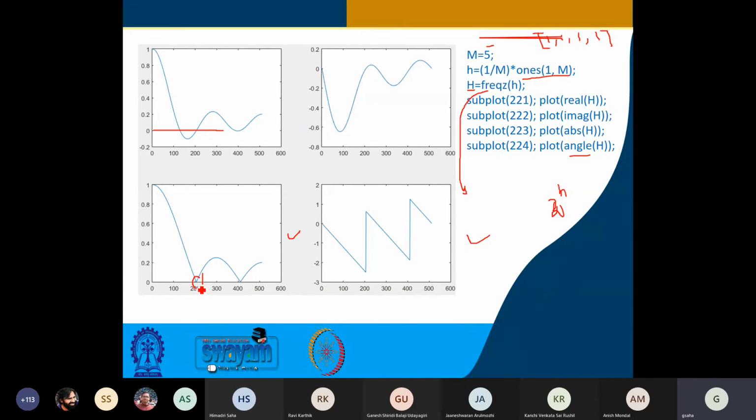So what you see over here, if your 512 is your pi, what is your 2 pi by 5? So 1024 divided by 5.